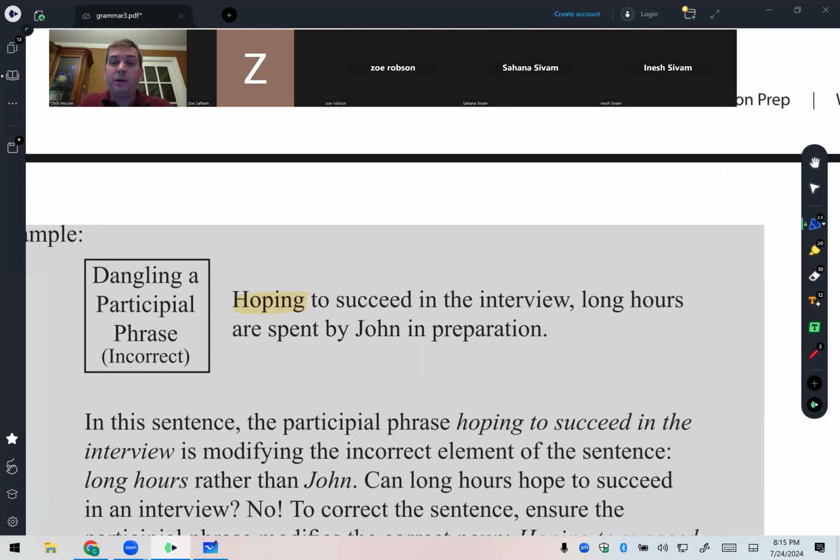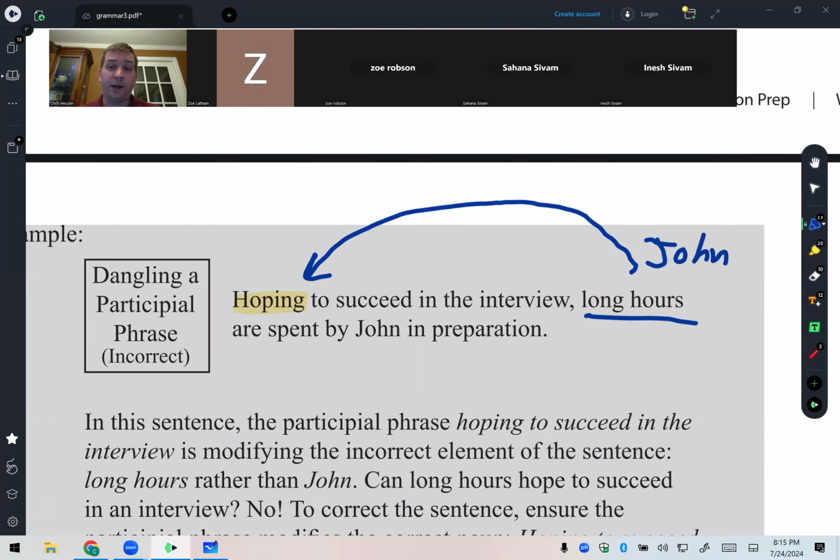Okay, so can hours of the day hope to succeed in a job interview? And they can't, right? It has to be John. John has to go here. He is the hoper. And that's all a dangling participle is.